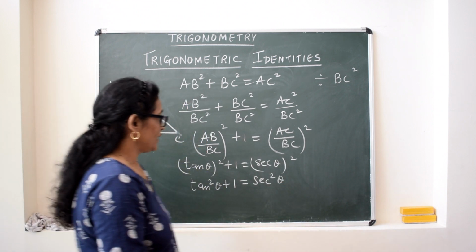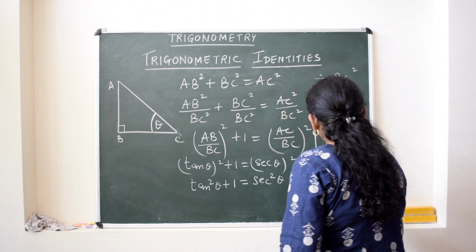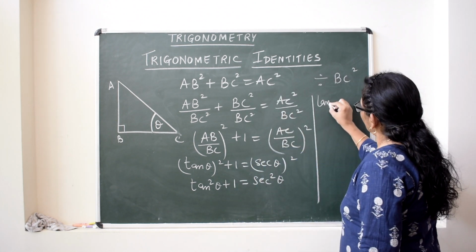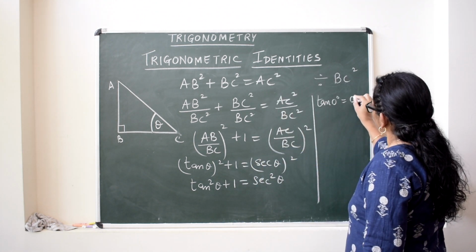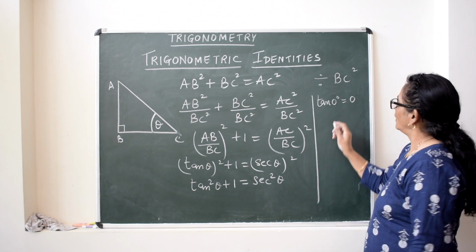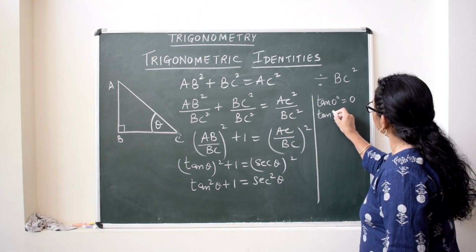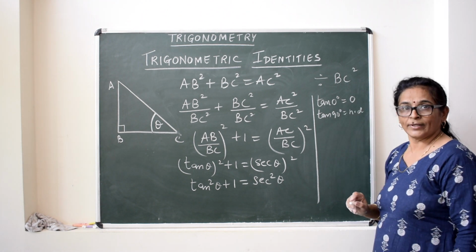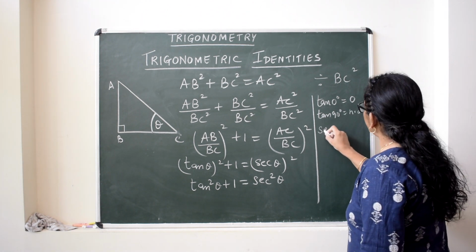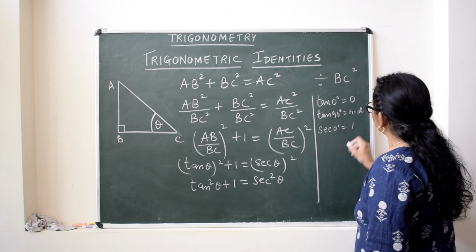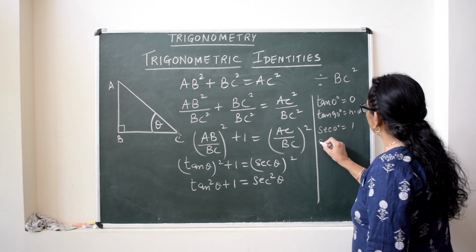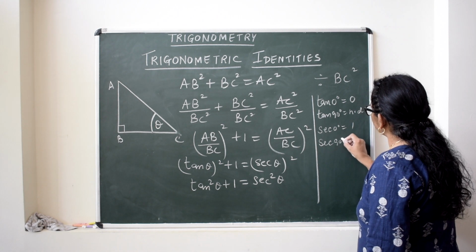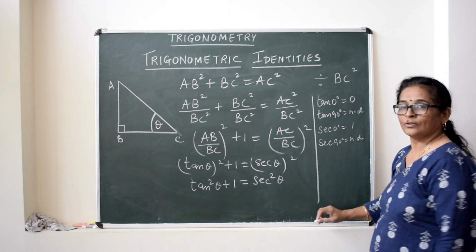Now, if you see tan 0 degrees, that is 0, and tan 90 is not defined. And sec 0, that is 1, and sec 90 degrees is also not defined.